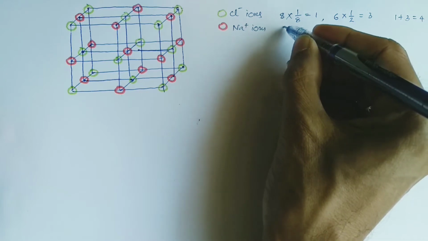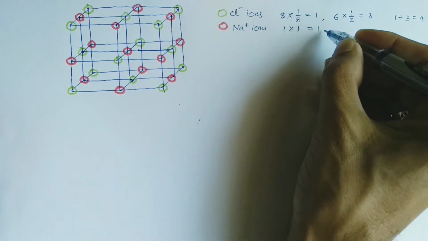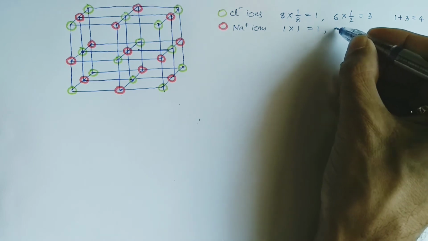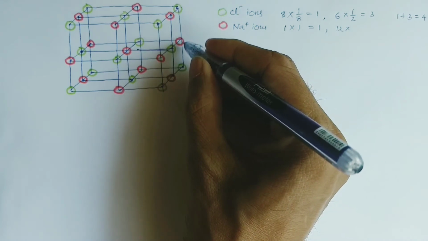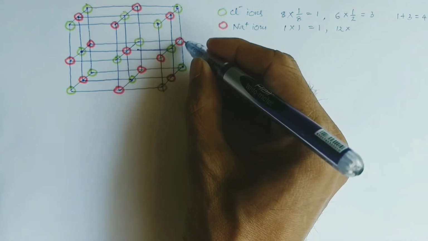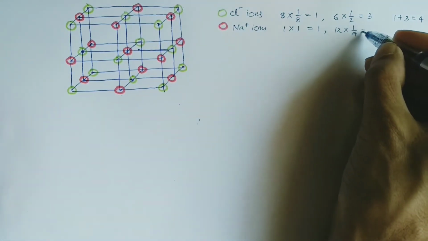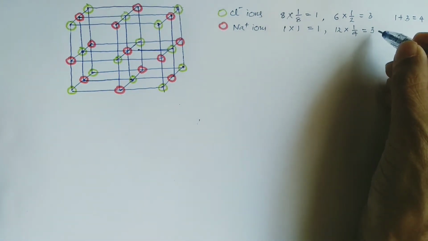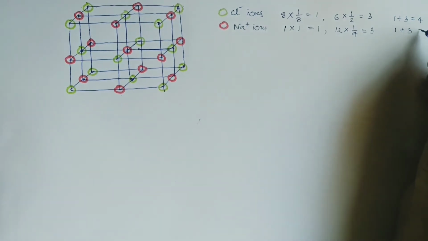So as there is only one body centered position, the total contribution due to body centered position is 1, and as there are 12 edges, and each edge is shared by 4 unit cells, so the contribution of the ion that is present on the edge will be equal to 1 by 4. So that will be equal to 12 into 1 by 4, and the total contribution is 3. That is due to the Na+ ions present on the edges. So the total will be equal to 1 plus 3, 4.